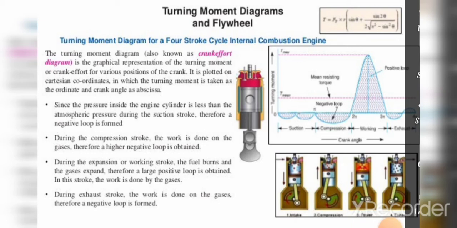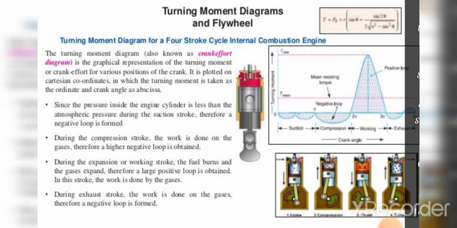Taking ordinate as turning moment and abscissa as crank angle. Now why do we use this turning moment diagram? We use it to obtain variations of torque, which indicate the size of the flywheel. More than one curve indicates a multi-cylinder engine.